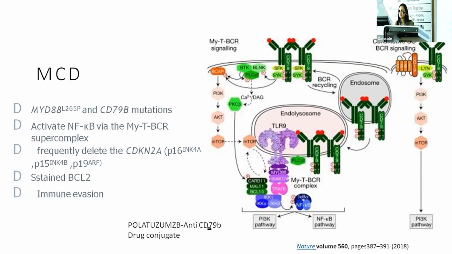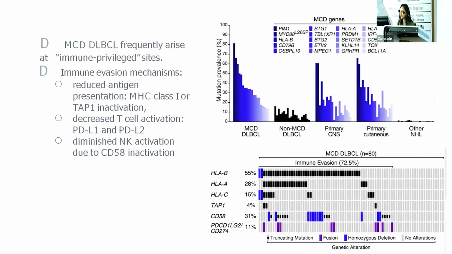It activates the NF kappa B pathway, and there is also frequent deletion of CDKN2A, and it has BCL2, which is retained, and it has immune evasion. And just talking about drugs, polatuzumab is the anti-CD79B drug conjugate which is available. So there are drugs based on this.